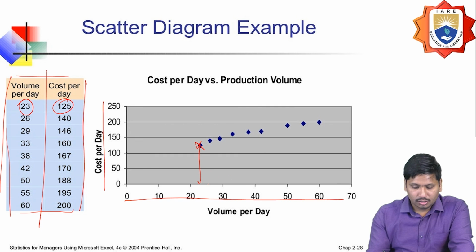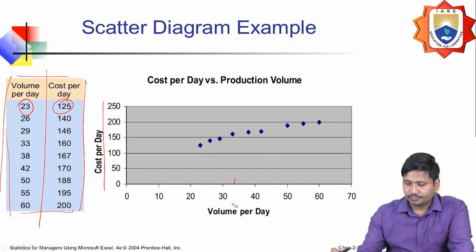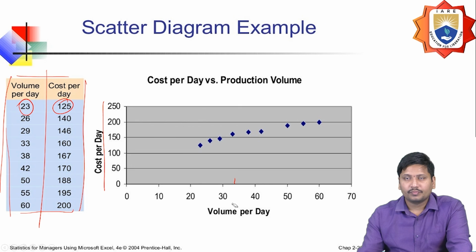Then 26 is 140, 29 is 146, 33 is 160, 38 is 167, 42 is 170, and 50 is 188. Like this, we construct the scatter diagram.